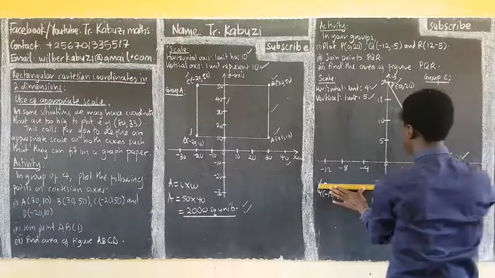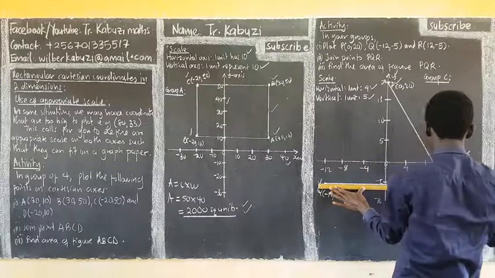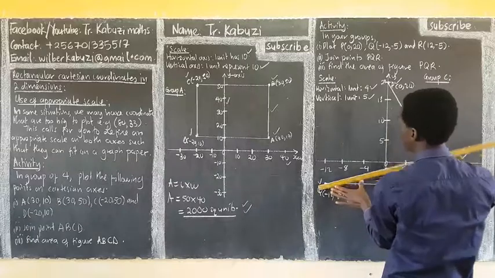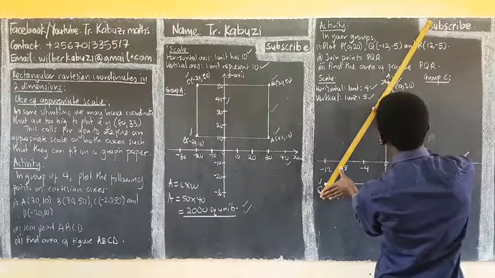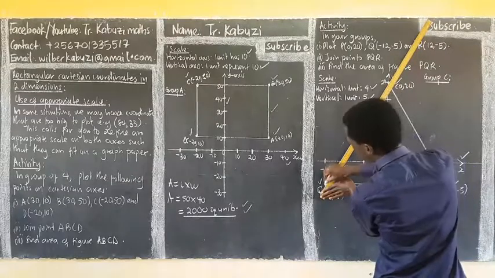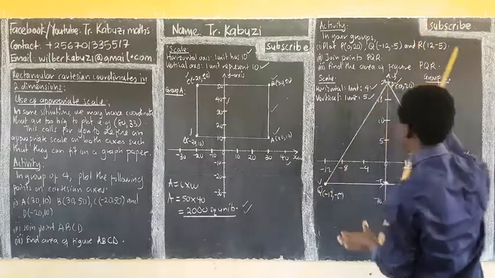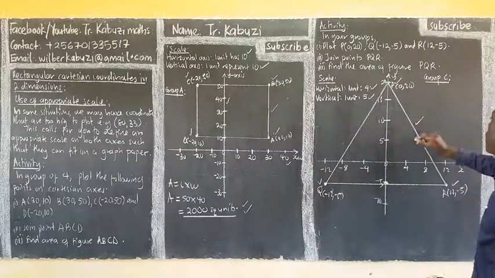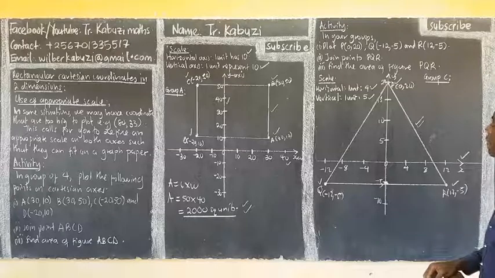This one should be passing through 5, because mine is just a blackboard, so it's a bit out. Then we join P to Q. So that's what they had to do. For joining, let us give 2 marks.